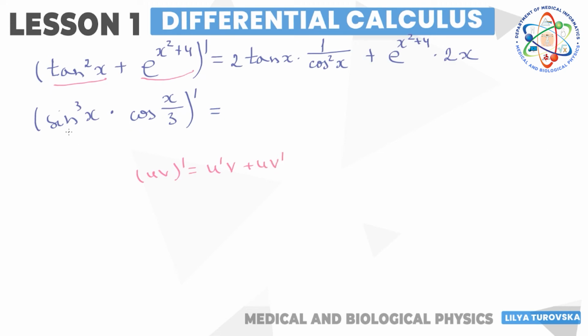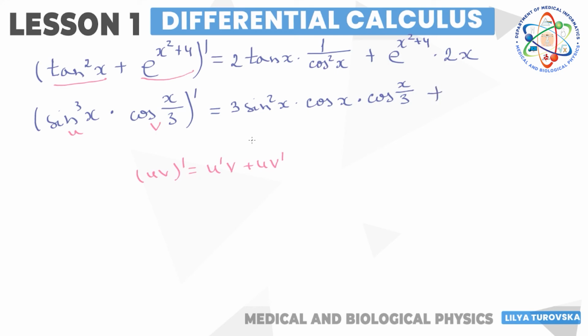Here we have u and v, and each of these functions is a composite function. The derivative of the first part, u, is 3 sine squared x multiplied by the derivative of sine, which is cosine x, and this multiplied by v, so cosine of x over 3 is the same.